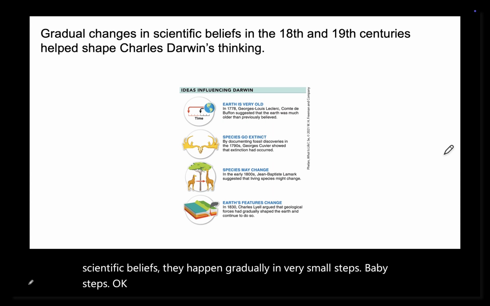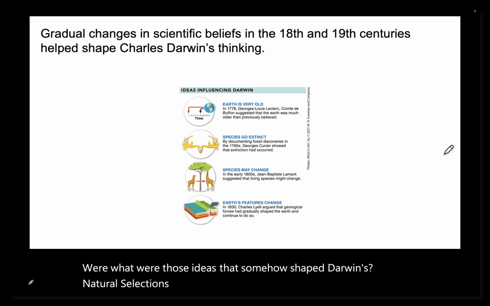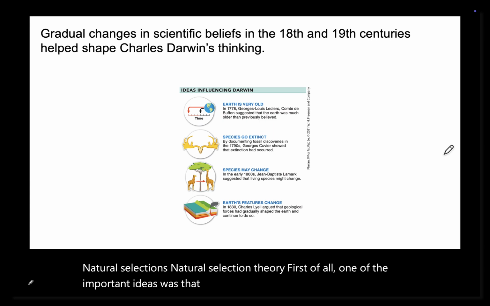What were those ideas that somehow shaped Darwin's natural selection theory? First of all, one of the important ideas was that the Earth was a very old planet.